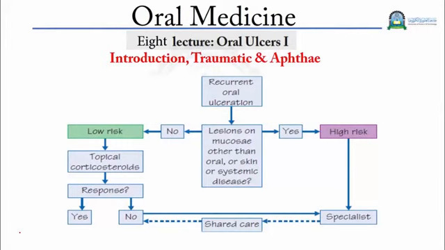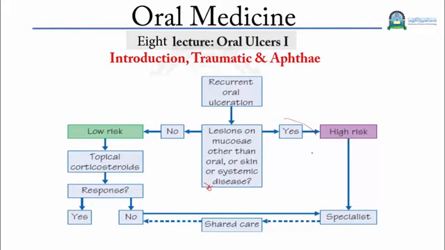Recurrent oral ulceration is the most common type of ulceration in the oral cavity and the most commonly presented lesion in your future dental practice. For lesions on the oral mucosa, other than skin or oral tissue involvement, systemic diseases should be evaluated.